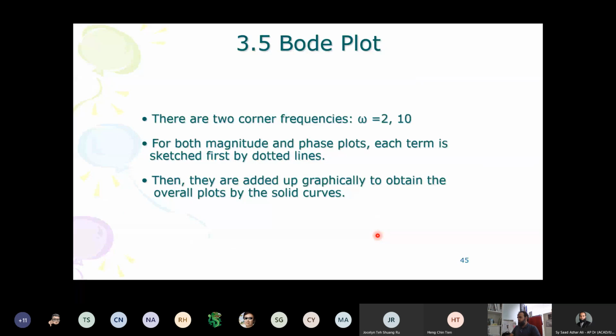Okay, so in summary, there are 2 corner frequencies. We'll have a change of frequencies at 2 and 10. For both magnitude and phase plots, each term is sketched first by dotted lines. Then they are added up graphically to obtain the overall plots by the solid curves. How we'll do it in the exam, we'll see.